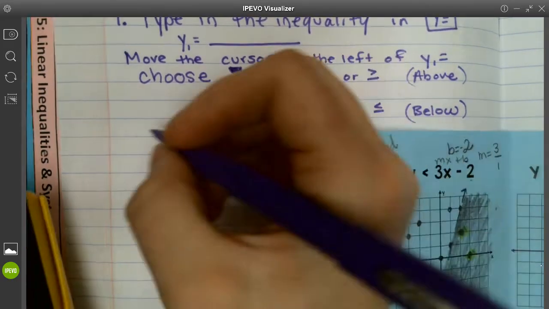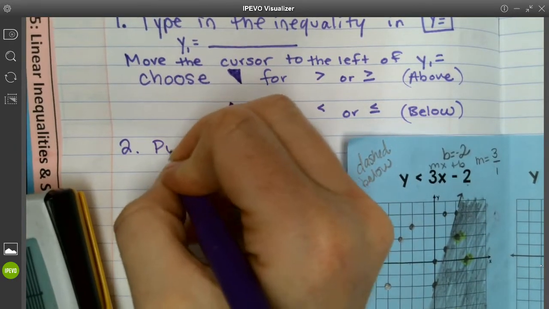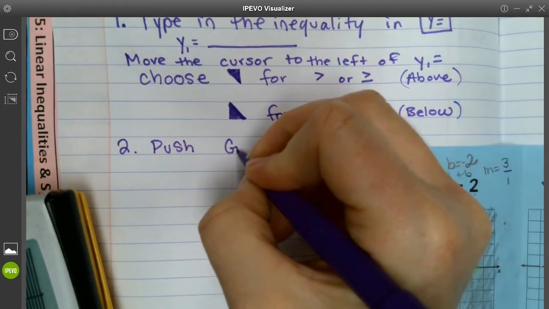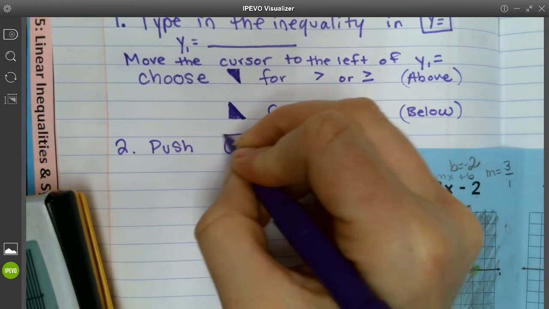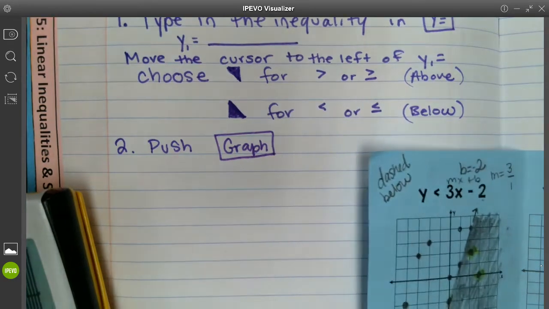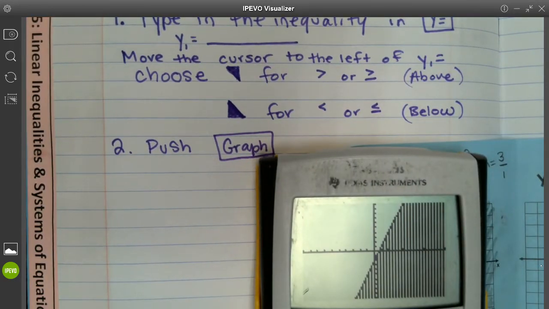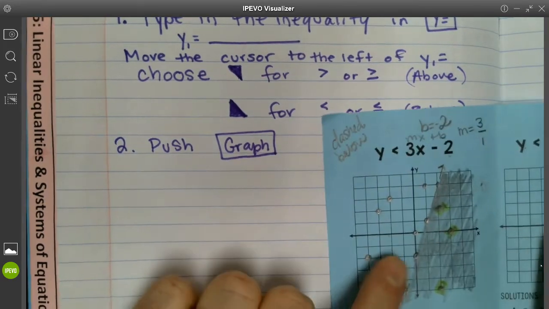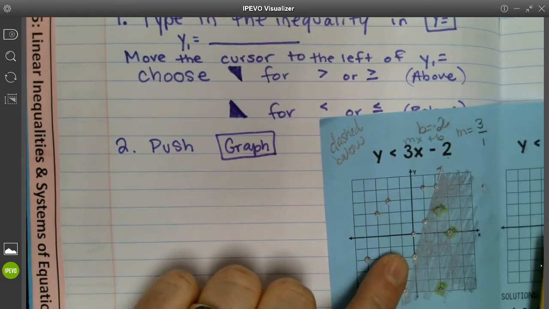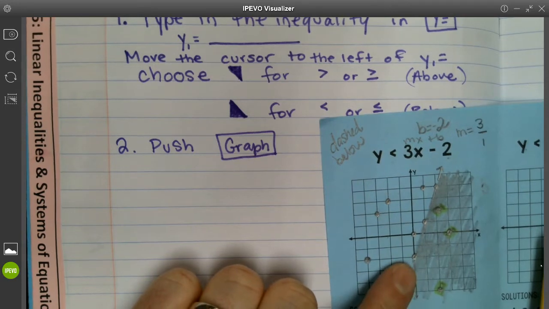So step 2, push graph. Y'all have gotten really good about graphing y equals mx plus b, so graphing this comes second nature to a lot of you.